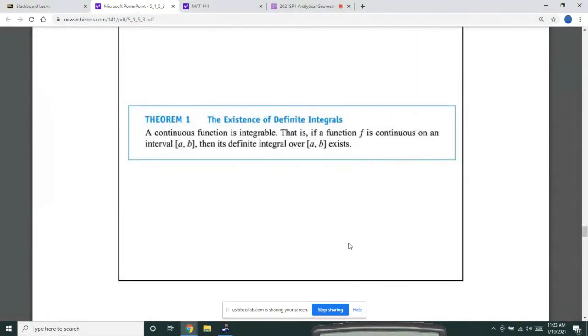All right, so I'm going to go back to the shared screen, and we're going to see how we can use integration to find area.